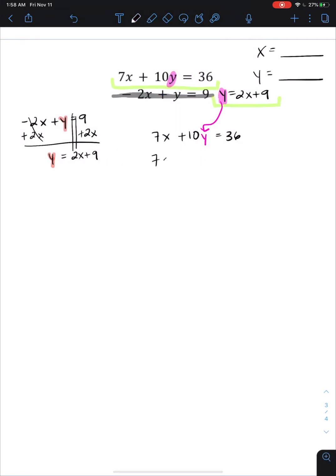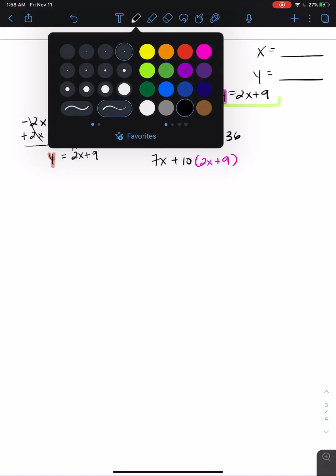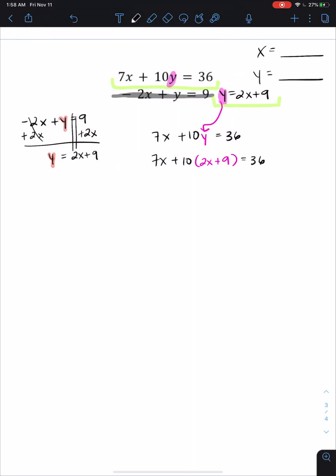We're left with 7x plus 10 times (2x plus 9) is equal to 36. Now I'm just going to simplify my equation to solve for x. Before, in both of my equations, I had x's and y's, and now that I've combined my equations by substitution, the only variables I have left are x's.